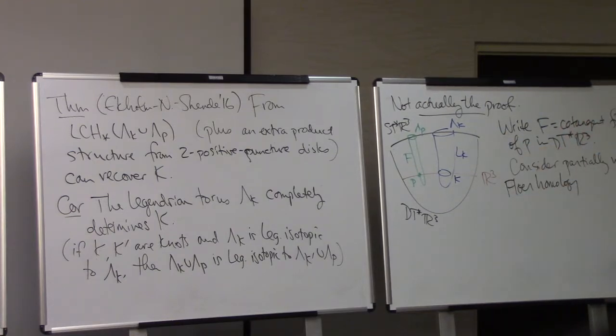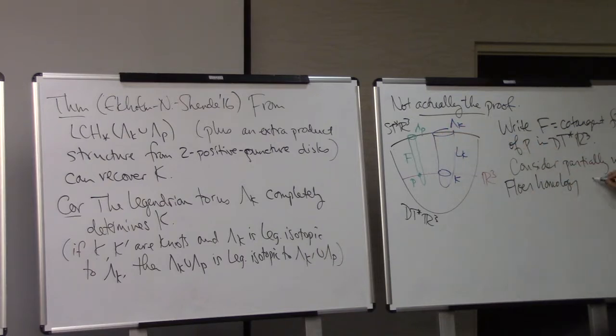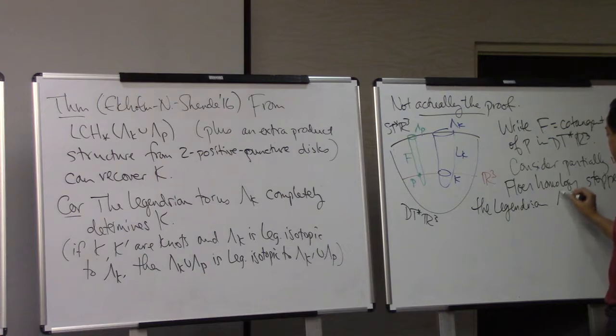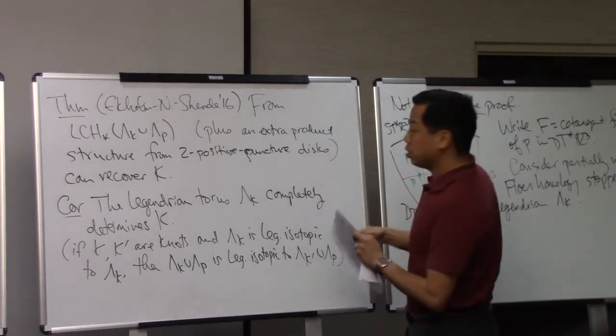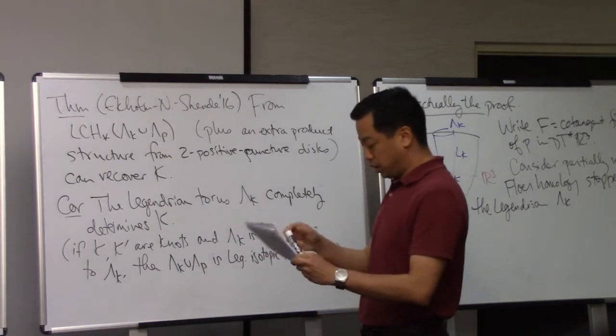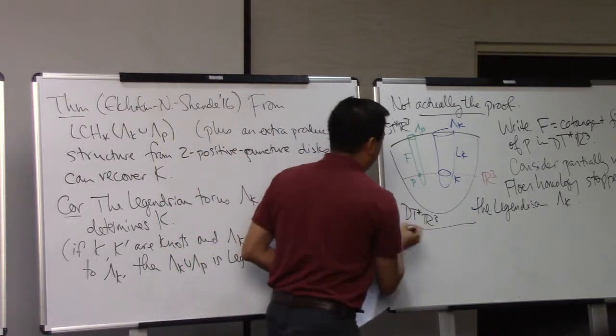We're going to apply it to this fiber here, but the wrapping is stopped by this Legendrian at infinity, stopped by the Legendrian on the boundary, which is... let's see. So then one can check the following things.